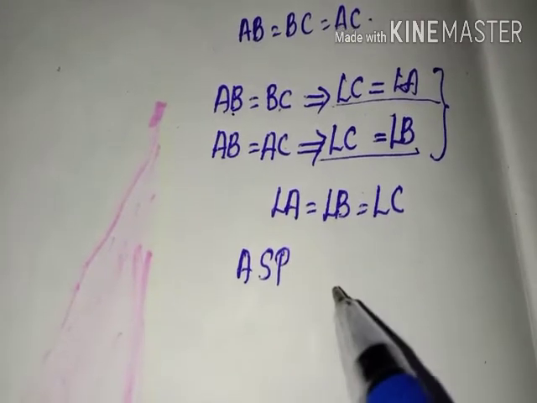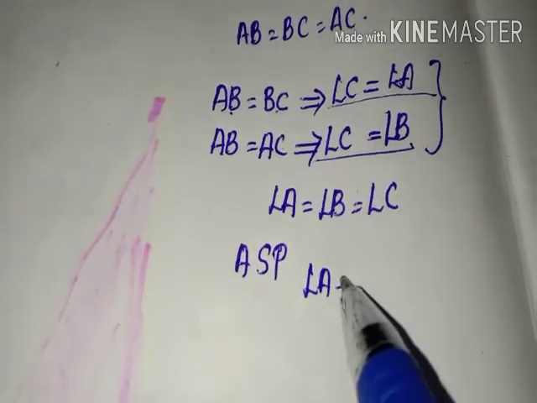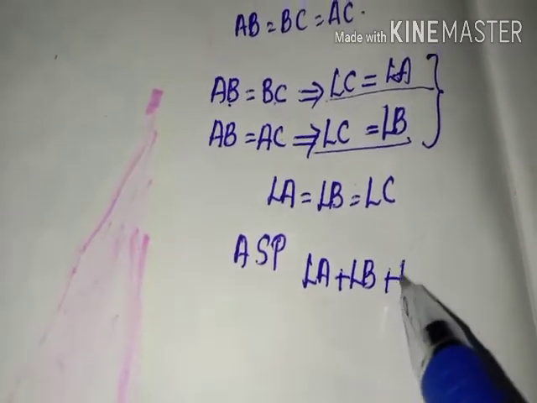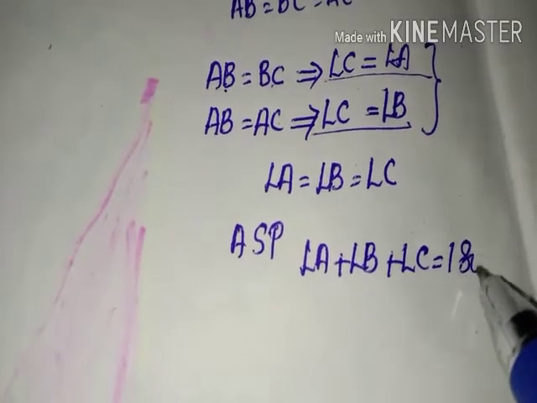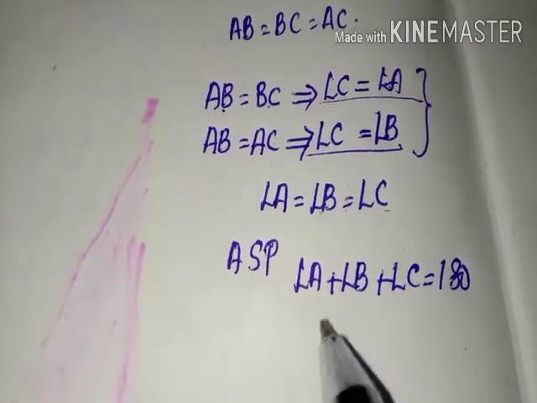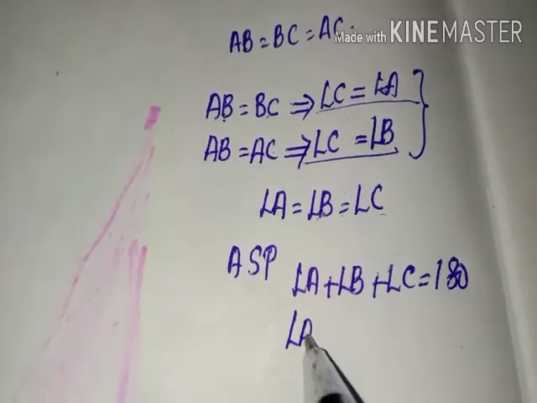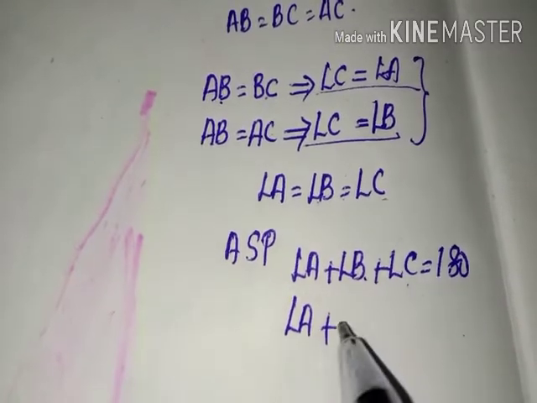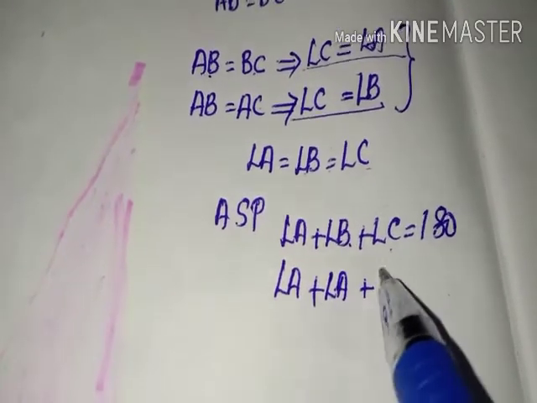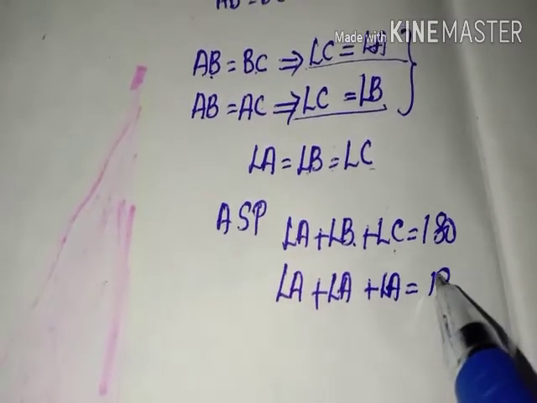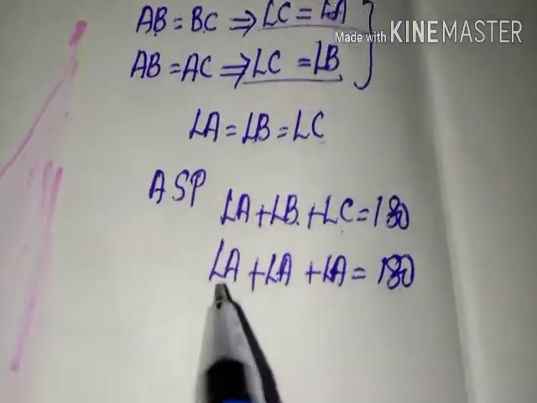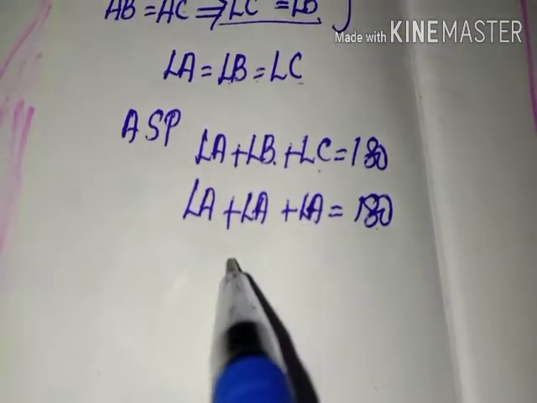Now again by angle sum property of triangle, sum of these three angles equal to 180 degree. Okay. Now I am going to replace here angle B and angle C as angle A. You can change any of these angles.